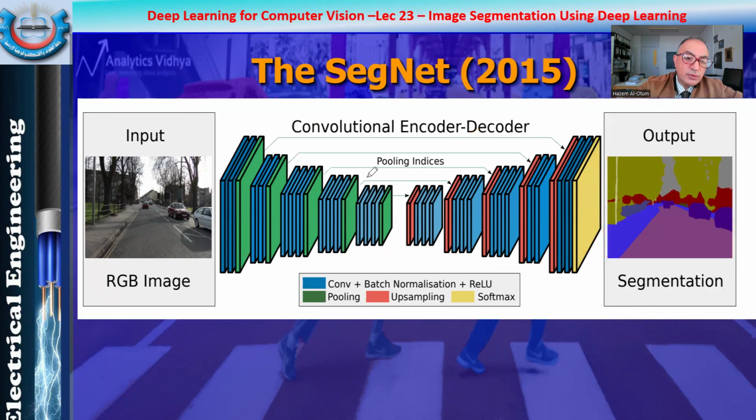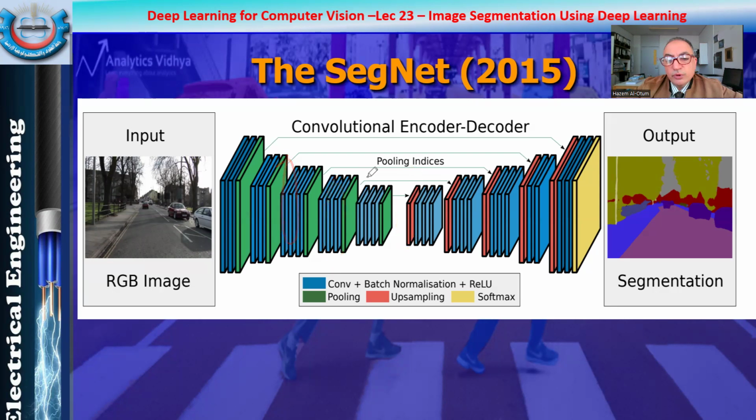If you look at the colors here, we have this blue block, or matrix, which represents the convolution plus batch normalization plus ReLU. So it's a block of conv plus batch plus ReLU, followed by pooling. Somewhere here we have the pooling operations. Here we have upsample, and here we have somewhere the pooling layers.